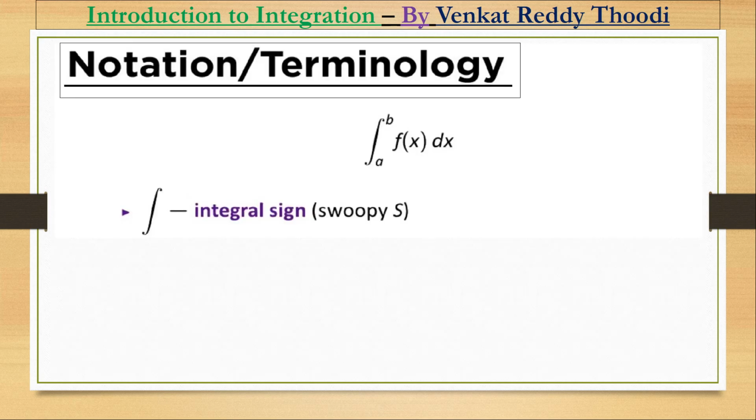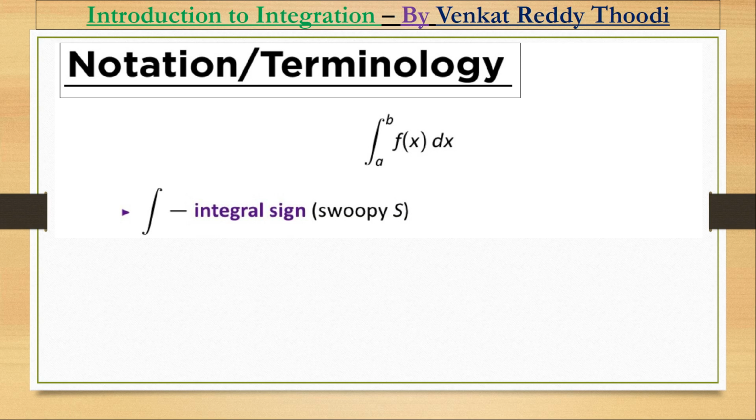Here is the terminology that we use in integration. Now see here, integral a to b of f of x dx, as it is a definite integration. We have given the intervals, which are known as the limits, so the function is defined from a to b, and we are going to find the region given from a to b.